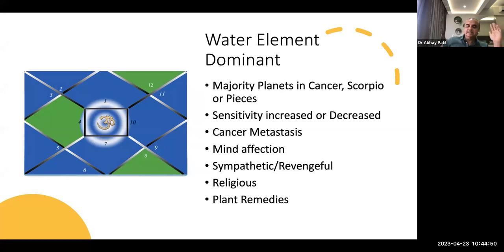Again, in those cases, you can require metals, or you can require remedies like zinc. In water elements, conium, phytolacca, lycopodium, nux, belladonna, these remedies have all worked in cancers, pulsatilla, even pulsatilla, with wonderful results.